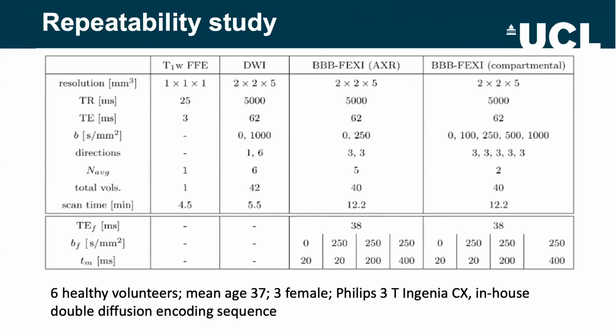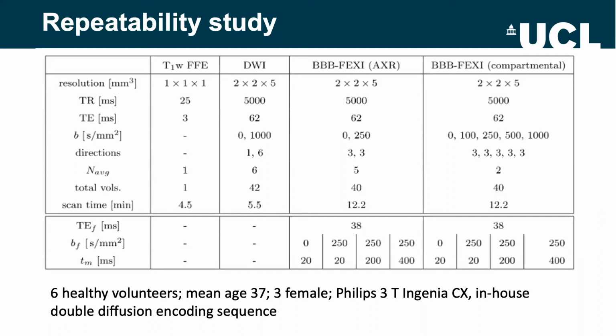Okay, so that's the theory, and those are the simulations. We've now applied those to a healthy volunteer group. If we just focus on the two right-hand columns, there are two different acquisitions that were required to enable us to generate AXR data. So that's the traditional FEXI approach, and also to enable us to use this compartmental modeling.